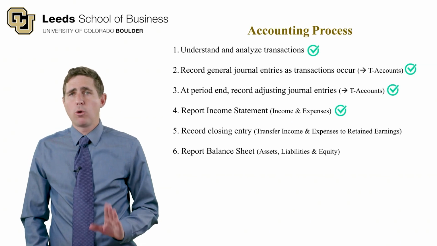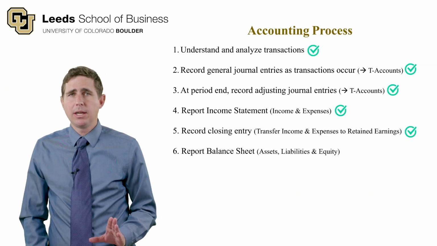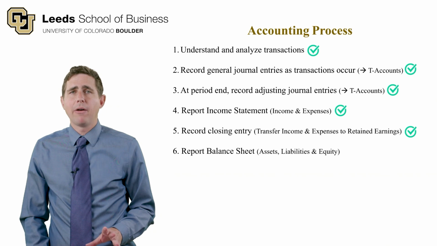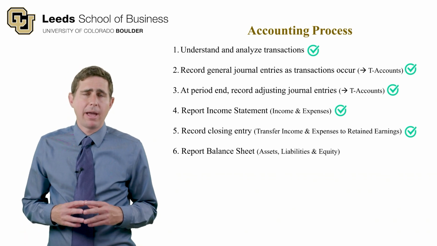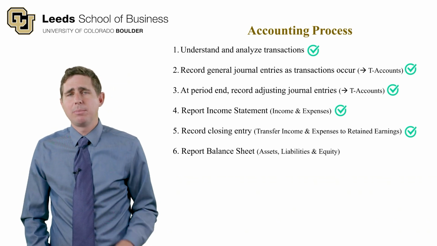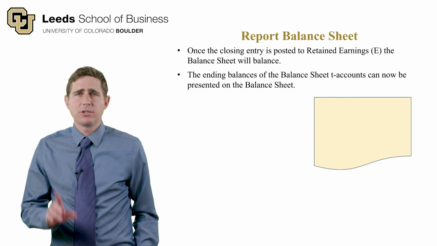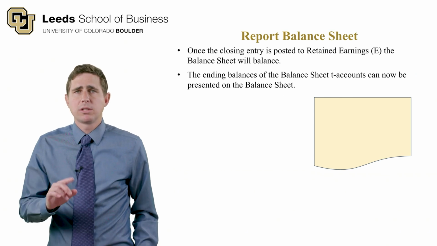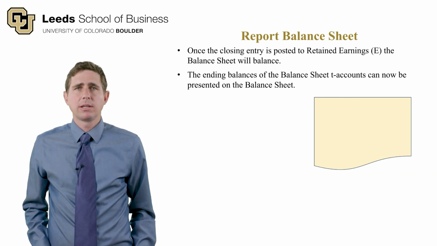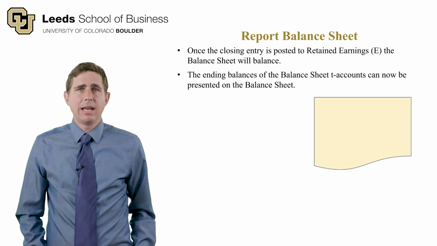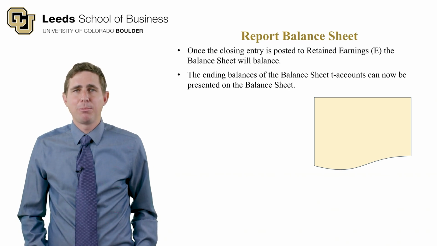As soon as I record my closing entry, just like we did, now my balance sheet will balance and I'm ready to report the balance sheet. So assets, liabilities, and equity accounts can be placed on the balance sheet. Once the closing entry is posted to retained earnings, the balance sheet will balance and the ending balance of the balance sheet T accounts can be presented on the balance sheet.